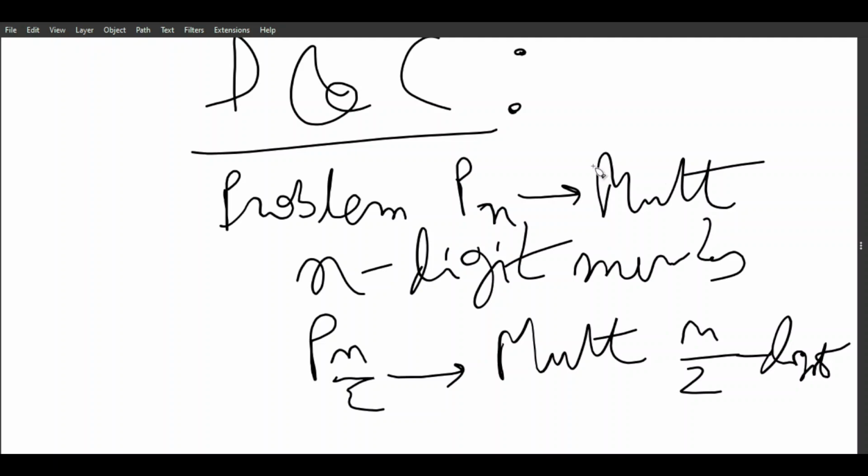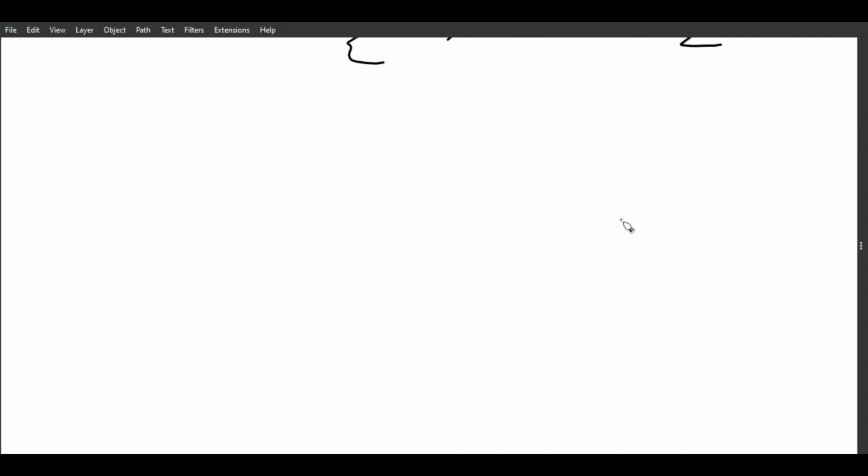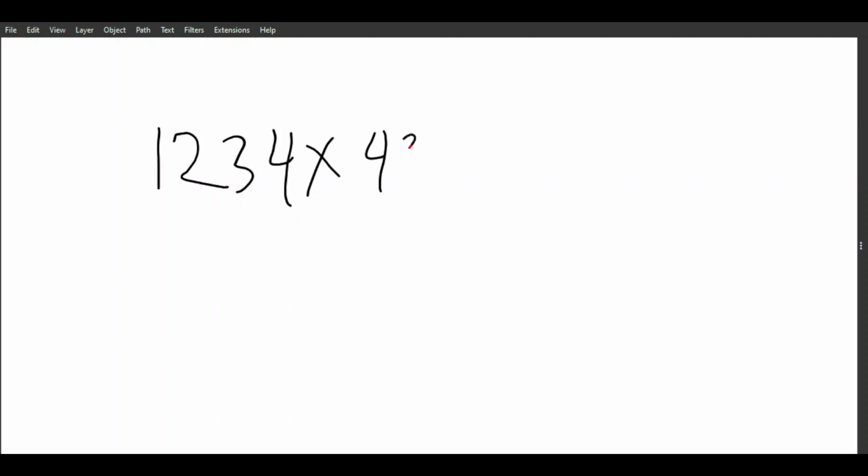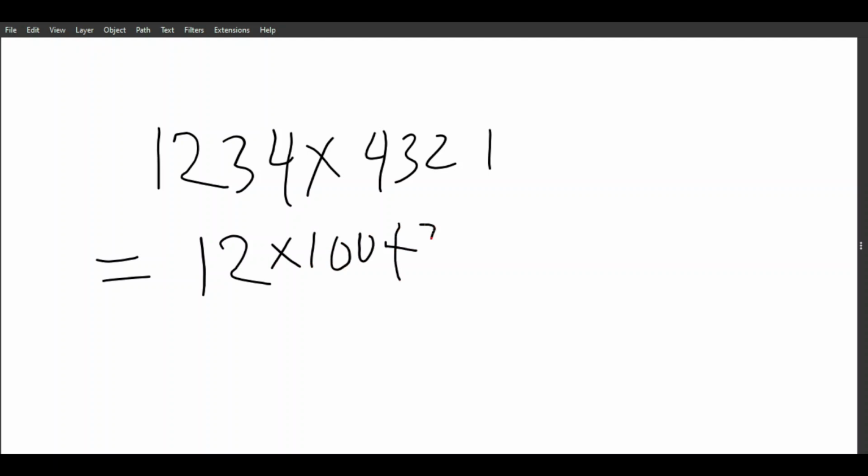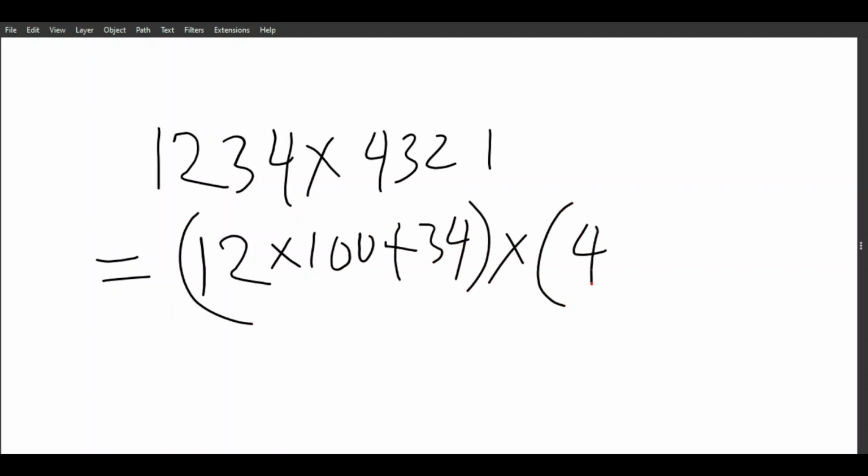So again the same example, you can easily see this, 1 2 3 4 multiplied by 4 3 2 1. Just break this into smaller parts. 12 multiplied by 100 plus 34, multiplied by 43 multiplied by 100 plus 21.